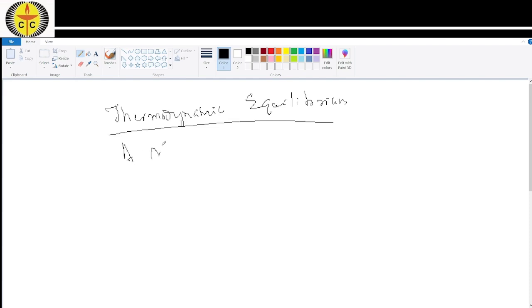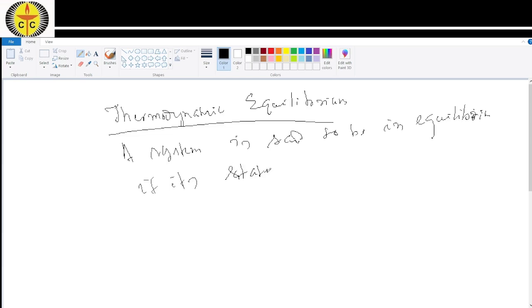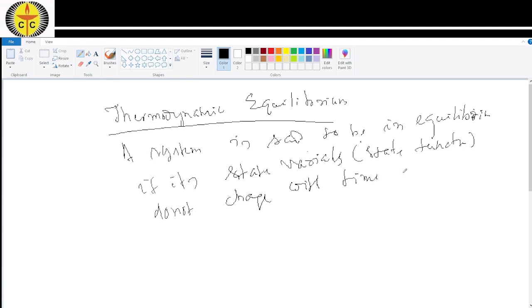A system is said to be in equilibrium if its state variables or state functions do not change with time and space.